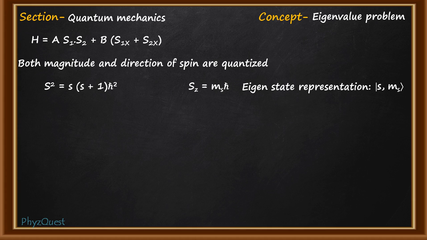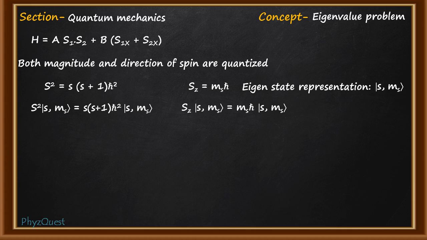When this is operated with the operator S², it gives s(s+1)ħ² |s, ms>. So as you can see, it's an eigenvalue equation. Similarly, when it is operated with Sz, it gives msħ |s, ms>. So here the eigenvalue is msħ.